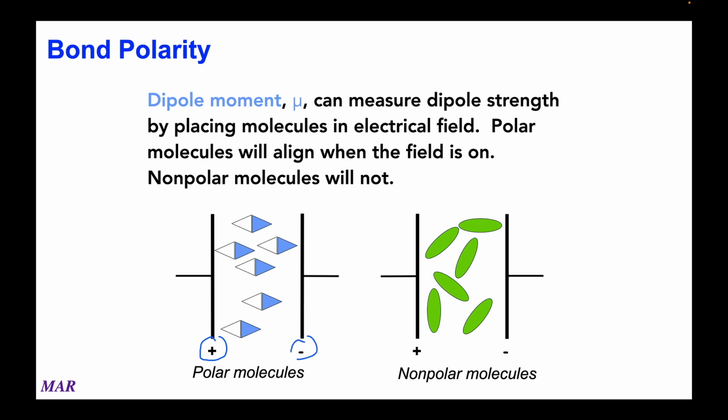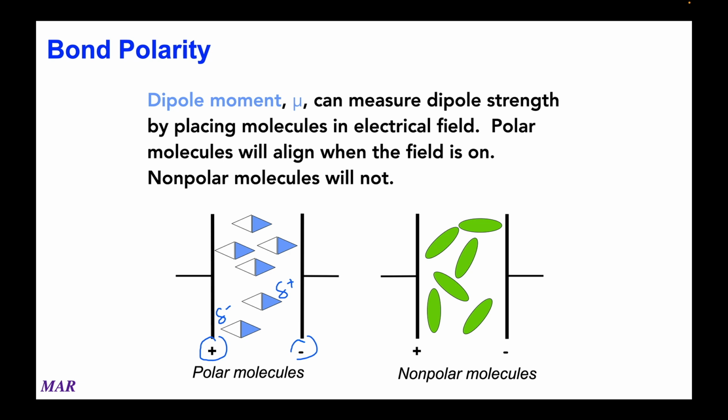Well, remembering that opposites attract, those triangles there represent molecules, and the white triangles are going to be the delta negative, the negative side. They're attracted to the positive side. On the other hand, the blue triangles, those are the positive dipoles. They're going to be attracted to that negative part on the right-hand side. So polar molecules, you can sometimes separate them from nonpolar molecules by putting them in an electric field.